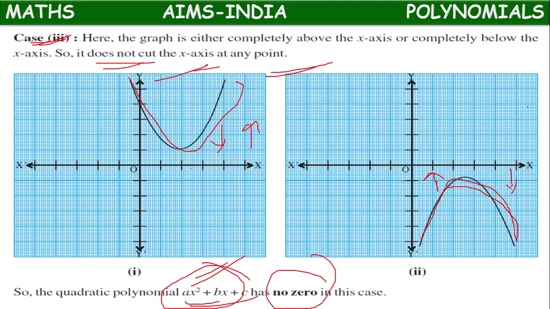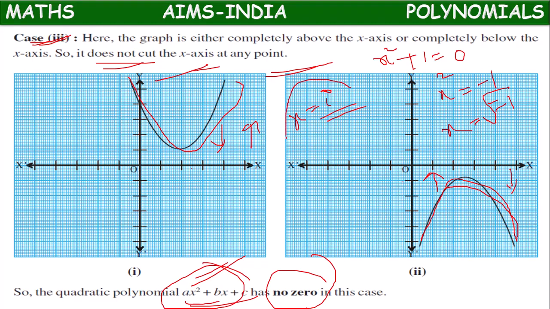Because if you take the quadratic polynomial x square plus 1 equals 0, what is the solution for this equation? x square equal to minus 1, x equal to root of minus 1. So x equal to root of minus 1 is called i, an imaginary number, or sometimes iota. x equal to i, which is an imaginary number.